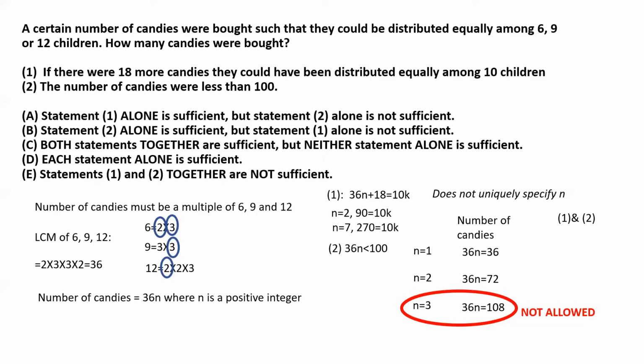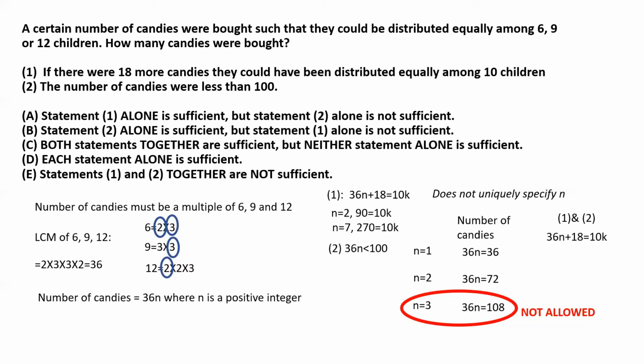Just to refresh quickly, statement 1 was stating that if we add 18 more candies to 36n, then that could be equally distributed among 10 children. So 36n plus 18 must be a multiple of 10.